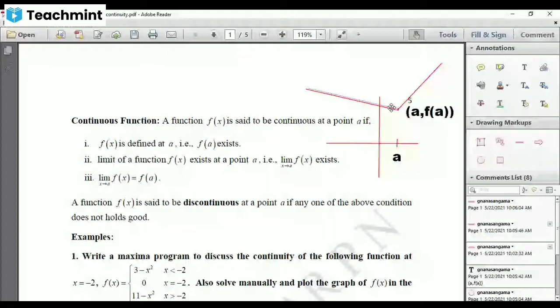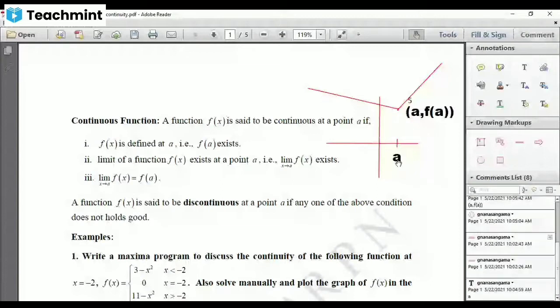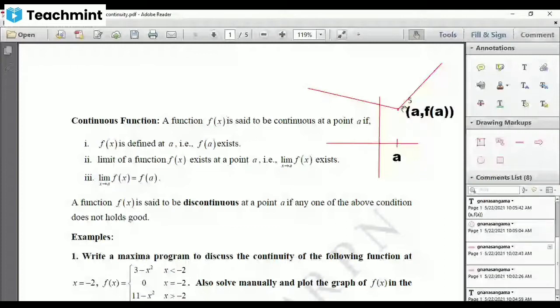At this point, it looks like a continuous point. If you stand on this point and look at the graph, the graph is continuous. That is what they are saying. First condition, f of a must exist. Next, the left-hand limit and right-hand limit must both exist and both are equal.